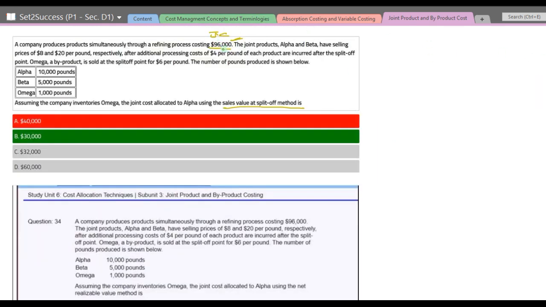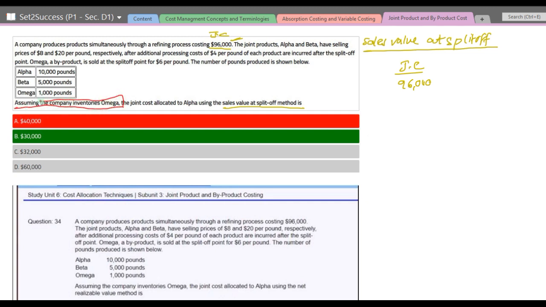So let us solve this. The method that is being used is sales value at split-off. So the joint cost is 96,000, and here they are saying that assuming the company inventories omega.